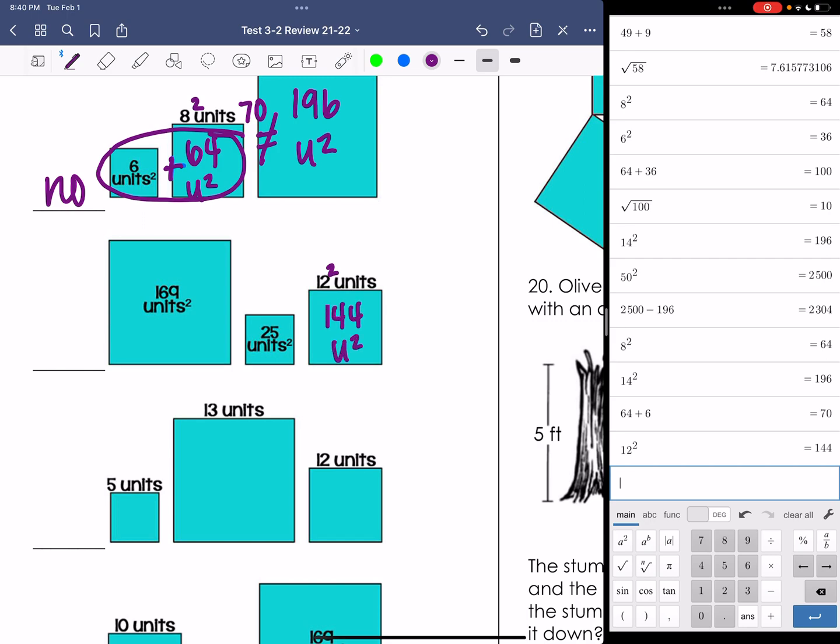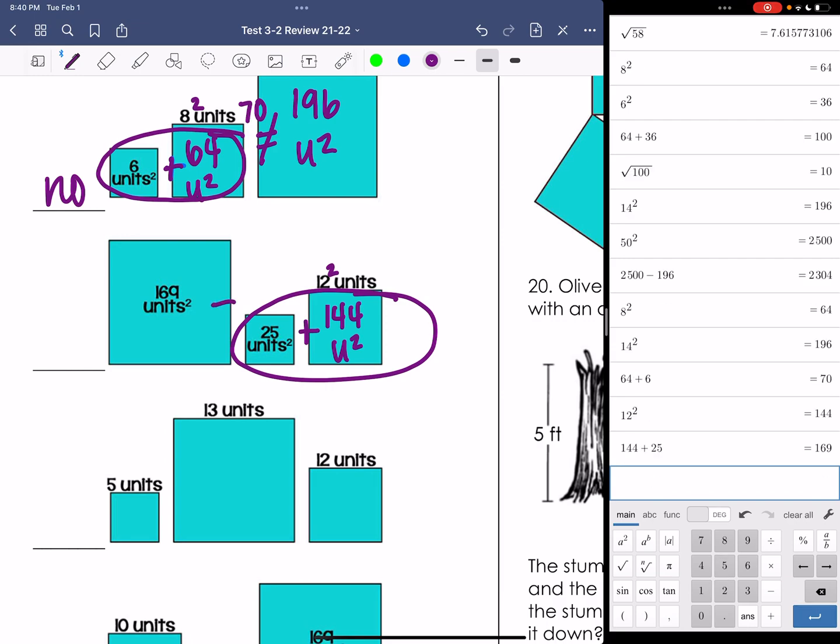So again, I'm going to add the area of my 2 smaller sides. I see that these 2 are the smaller areas, so I'm going to go ahead and add them together. So I'm going to take 144 plus 25, and I see it equals 169. So yes, this would be an example of the Pythagorean theorem.